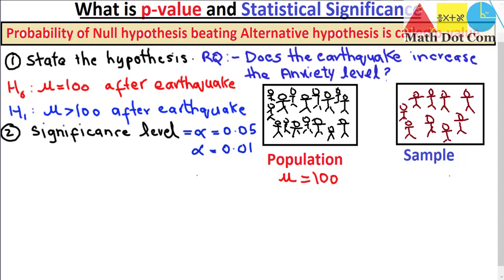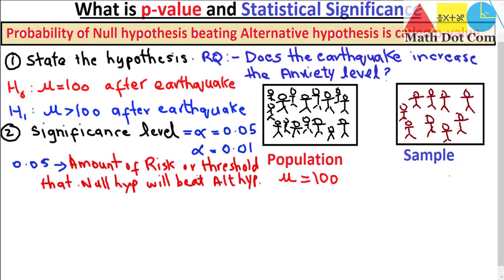So what is the significance level? Basically, the significance level refers to the amount of risk or chance that we consider that the null hypothesis will beat the alternate hypothesis. This is the threshold that we set, or you can say this is a conventional value that is set for comparing it with the p-value.